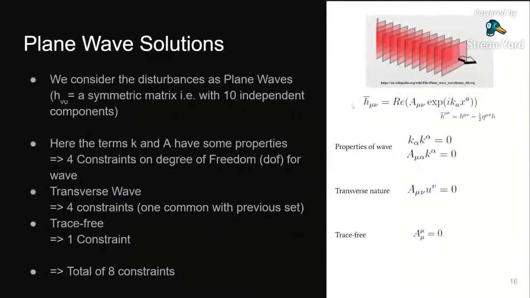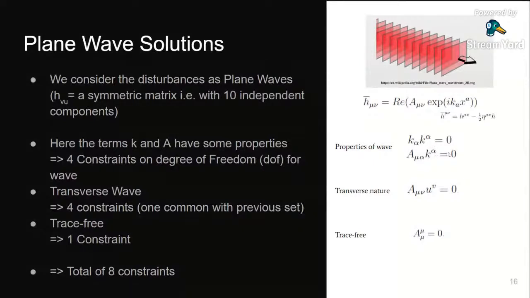These restrictions are obtained by some properties of waves. One of them is that the product of k with lower index a and k with upper index a is 0. The next property of the wave, you can just read it: A_mu_alpha k^a is 0.